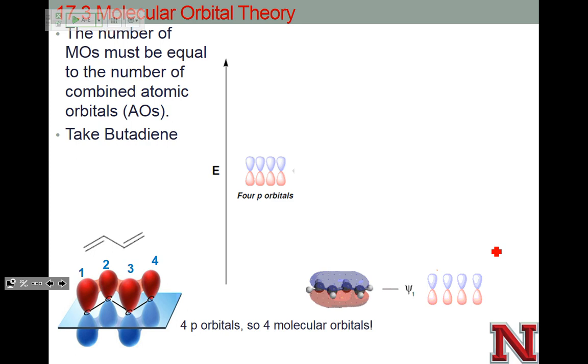So here's our 4 p orbitals. Your lowest energy is going to be all of your p orbitals completely bonded. So when you're drawing this, and you will be drawing these, you would shade, and it doesn't matter if you shade all the top or shade all the bottom, as long as you're consistent. I always shade at the top, but it's kind of irrelevant.